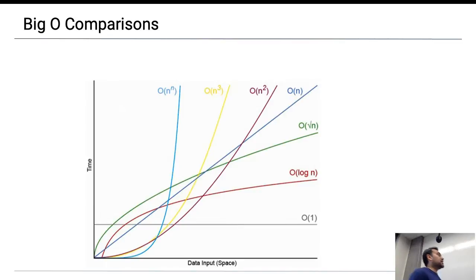All right, this is the graph that I was talking about. So first one is the easy one, the constant one, right? You see on the y-axis you have your time, and over here is space. What do they mean when they say data input or space? Memory. What about when we talk about arrays? Size of the array. So this is basically the letter n.